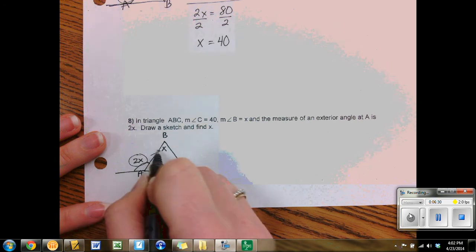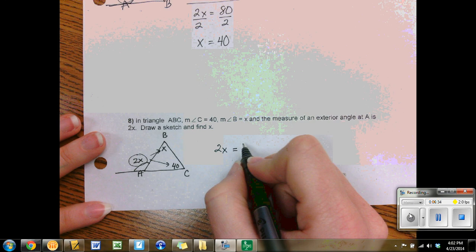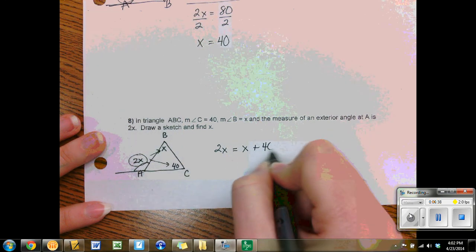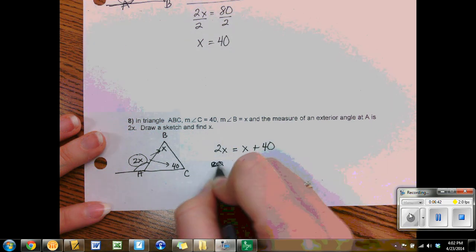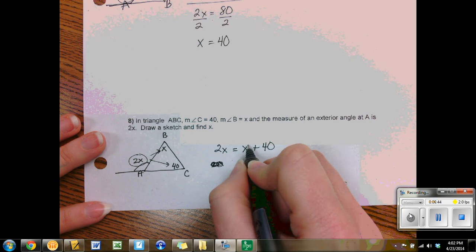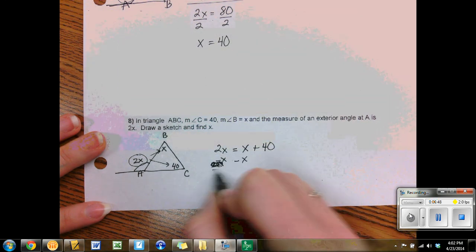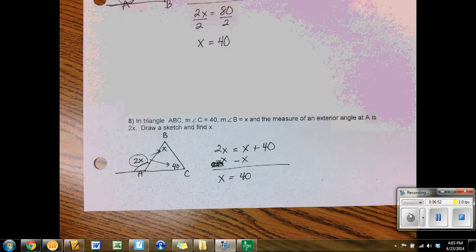My remote interior angles, so I have 2x is equal to x plus 40. So I have an x on both sides, so I want to subtract x from both sides. So x equals 40. And that's it.